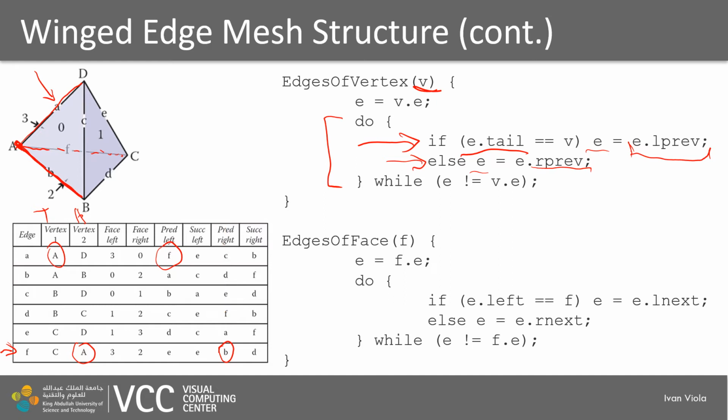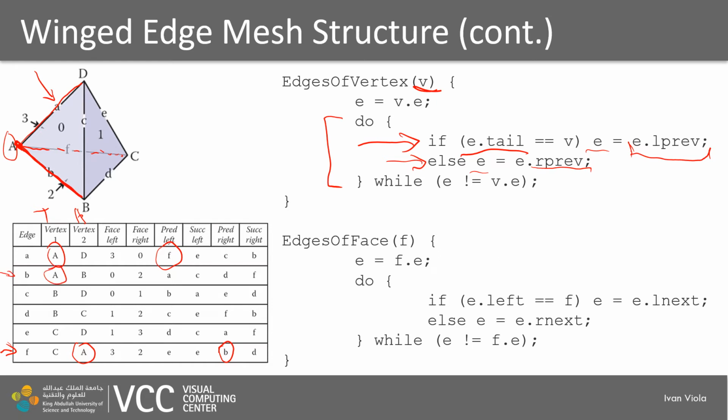Now, are we stopping? If our edge is now B, then is the A vertex the tail or is it the head? It shows it's a tail.